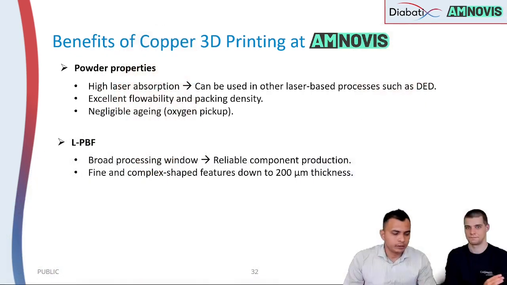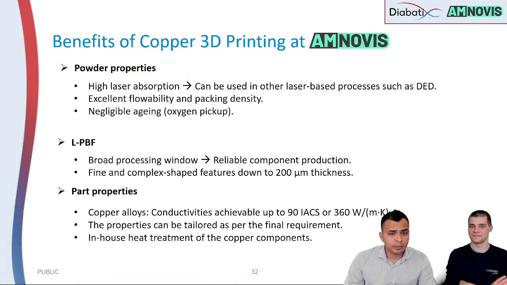And the last but not the least is related to part properties. As I mentioned, because the components that we manufacture are produced at a faster scan speed, a supersaturated solid solution can be achieved better, perhaps in our case compared to others, because when you scan slowly, you allow more time to cool the part, and supersaturation may not be as good. That gives us an opportunity to increase the strength even higher by applying a suitable post heat treatment.